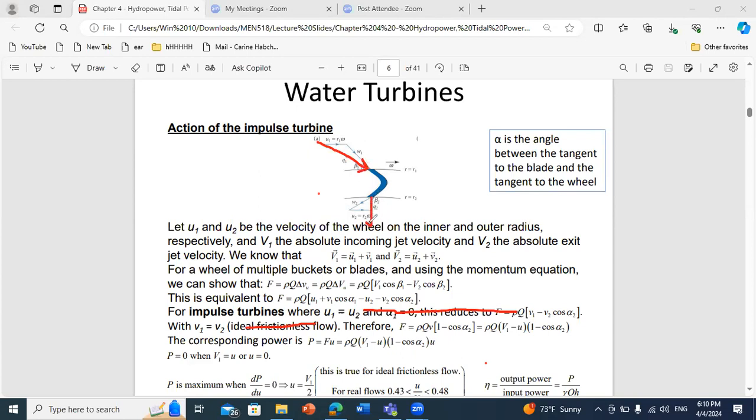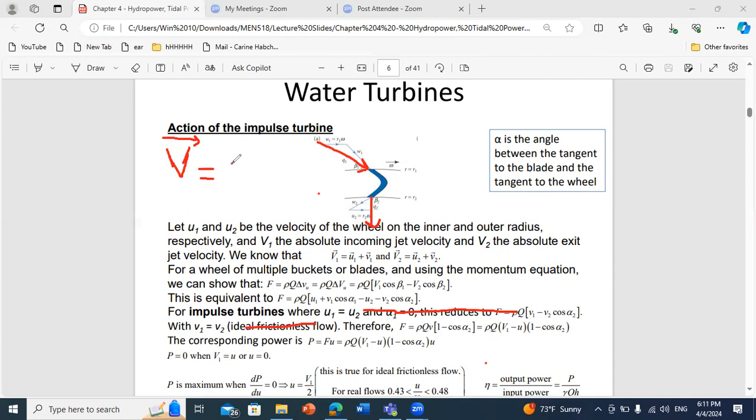And we will see together that in general, the total velocity of water, big V, can be decomposed into two parts, the first one being the relative velocity of water with respect to the turbine.